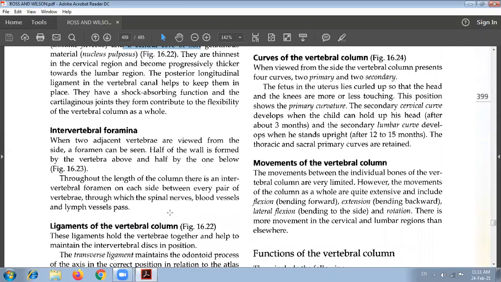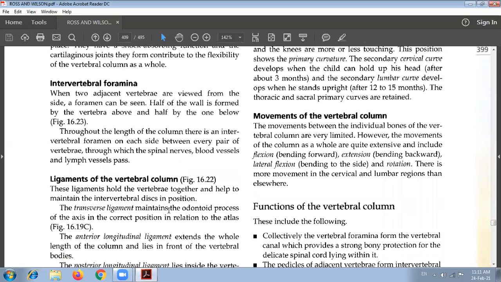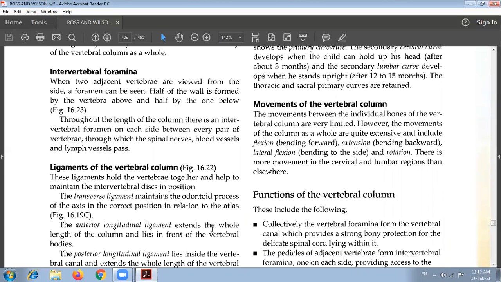Then ligaments of the vertebral column. These ligaments hold the vertebrae together to help maintain the intervertebral discs in position. The transverse ligament maintains the odontoid process of the axis in correct position in relation to the atlas. The anterior longitudinal ligament extends the whole length of the column and lies in front of the vertebral bodies.